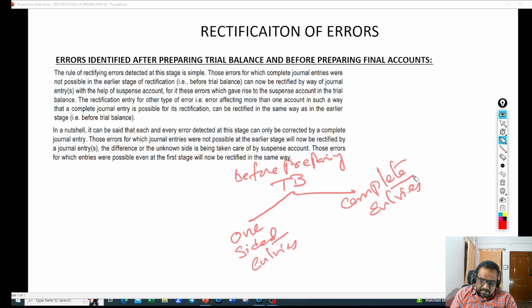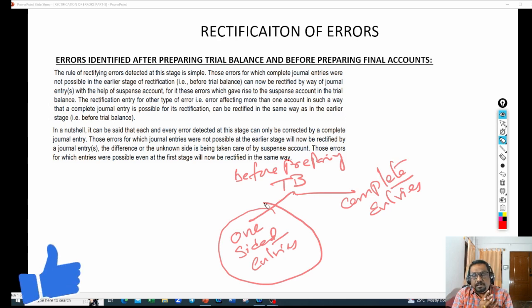One question here: why do we need to prepare only a one-sided entry? This is what I explained. When we prepare a rectification entry for a one-sided entry, there should be a reason. Why are we not bringing debit and credit there? Because those errors have impact only on a single account or single side.